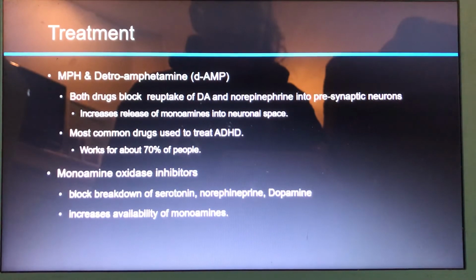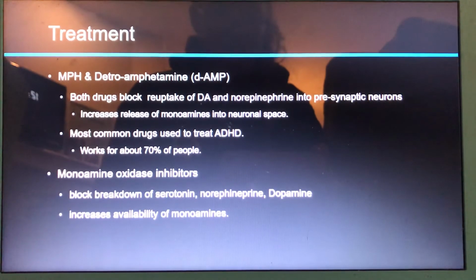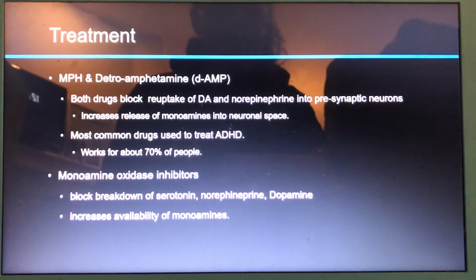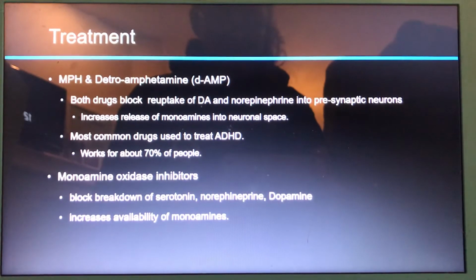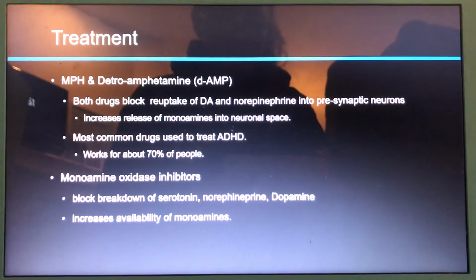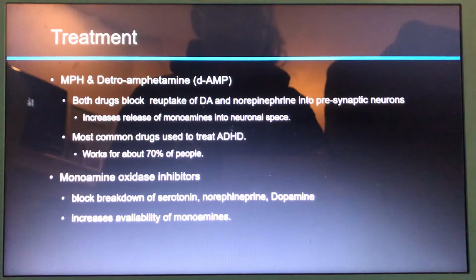These are typically the most common drugs used to treat ADHD, and although they typically work for about 70% of people, there is that other 30% that do have to try to find other medications or other means to cope with this disorder.